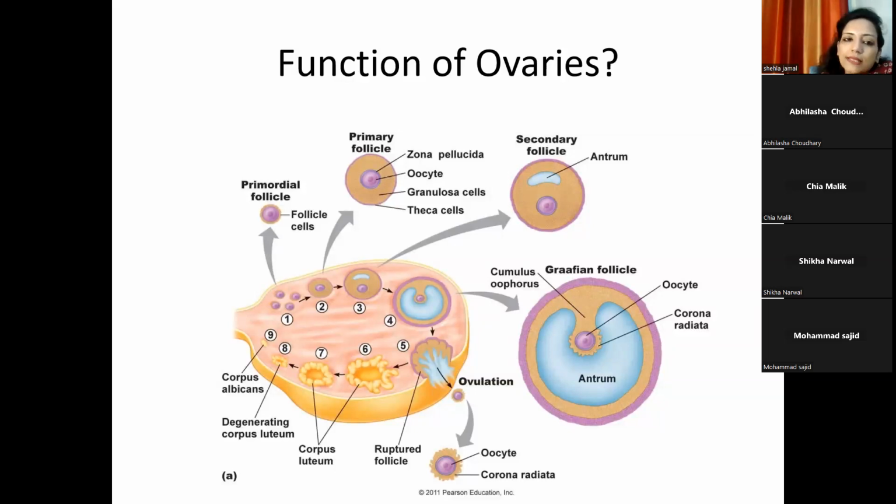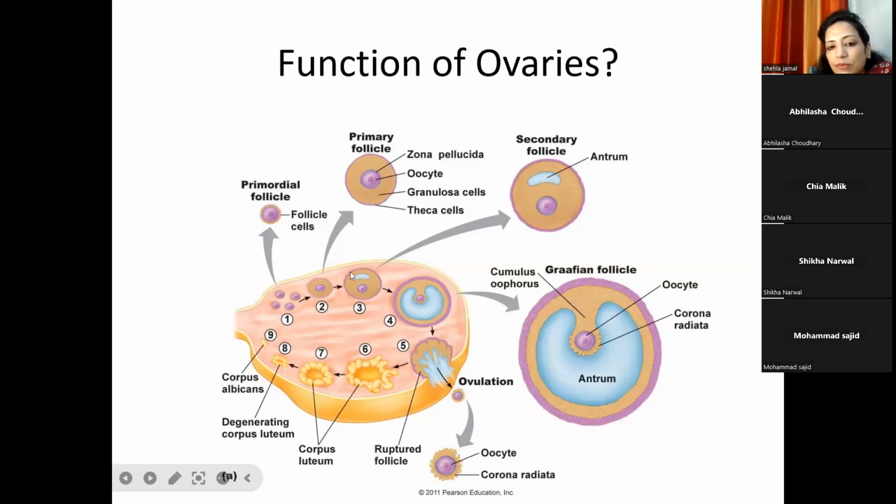So basically, this is a cycle which is going on. First, from primordial follicles, a primary follicle is formed, which finally forms a mature Graafian follicle containing the oocyte, which is released during ovulation, subsequently forming the corpus luteum. In this cycle, up to here the cells are producing estrogen, and after this, the cells are producing progesterone.